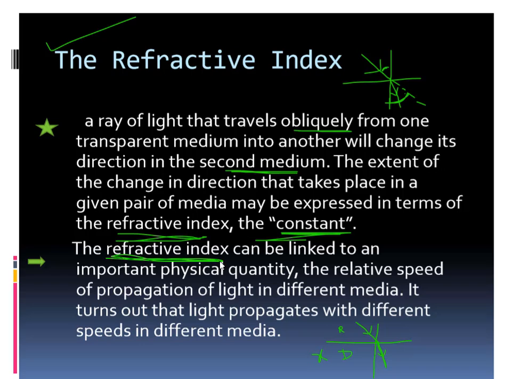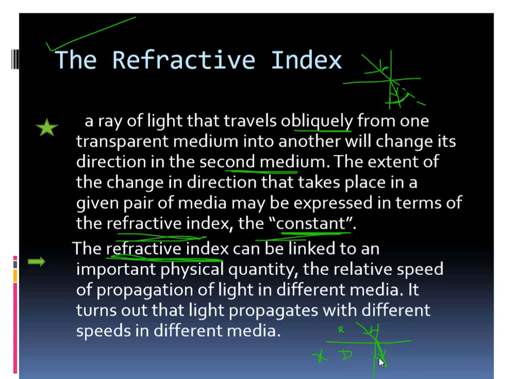So what is refractive index? It is nothing but the comparison of the sine of angle I to the sine of angle R, which is a constant. Now the sine of angle R depends on the density of the medium, because the sine of angle I can be any angle, but the sine of angle R, for a particular value of incident angle and for a particular density, depends on both factors.